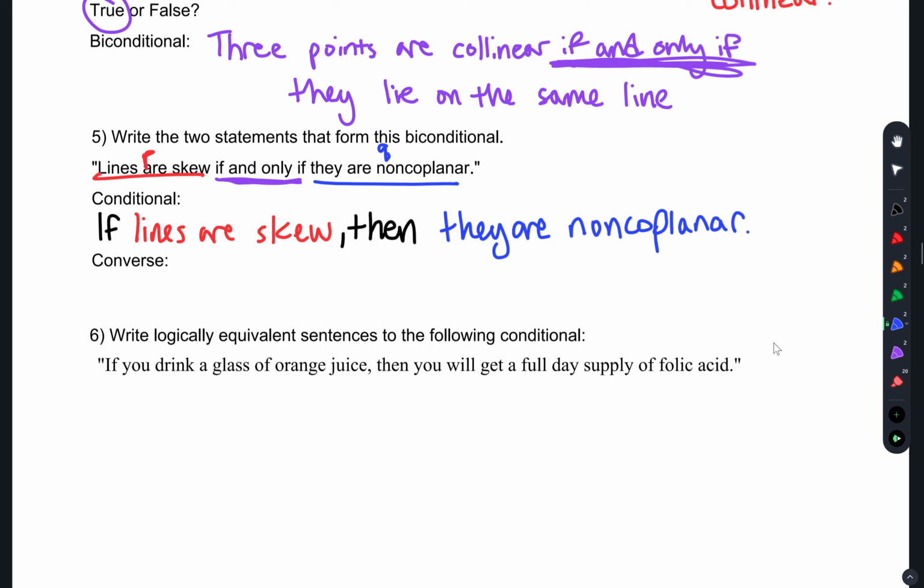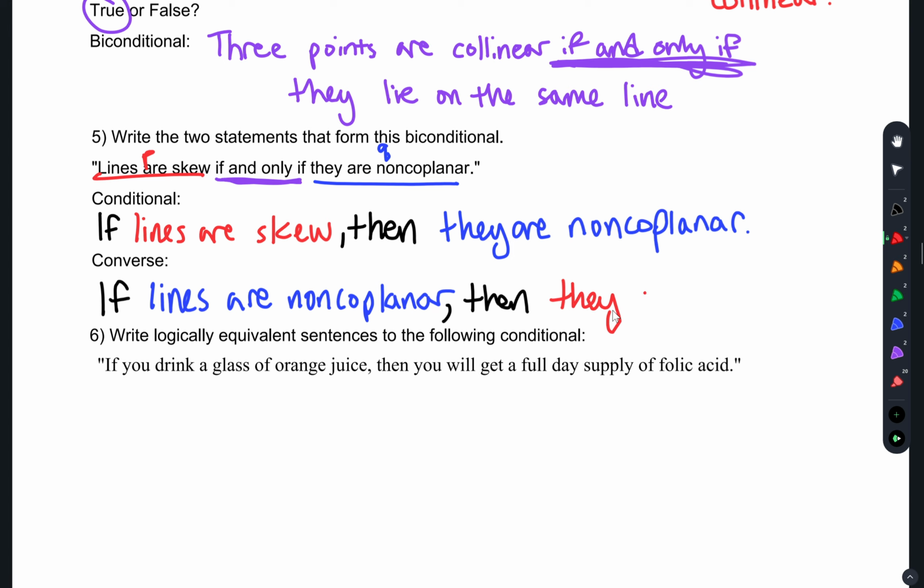So instead of if lines are skew, then they are non-coplanar: if, and I'm going to be specific here, not if they are non-coplanar, but if lines are non-coplanar, then they are skew. Questions on that one?